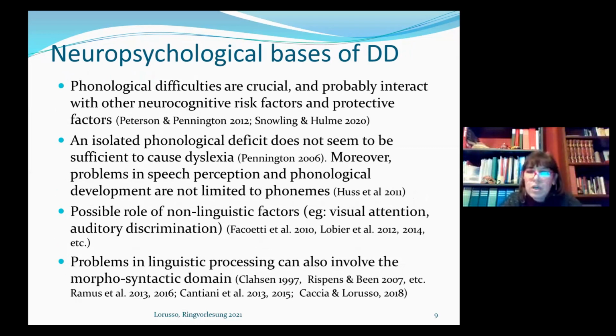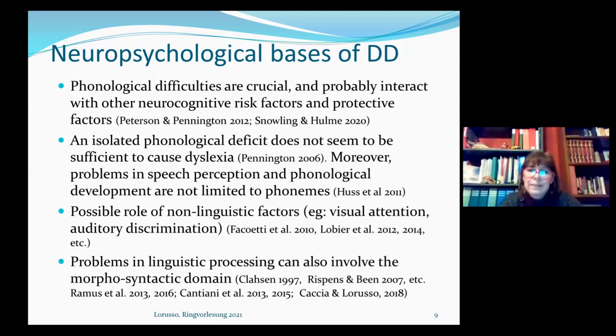Phonological difficulties are crucial and probably interact with other neurocognitive risk factors and with protective factors, but phonological difficulties alone are not sufficient to cause dyslexia. Even when we focus on phonological problems, deficits are not limited to phonemes. There is a possible or a very likely role of non-linguistic factors, including visual attention, auditory discrimination, and so on.